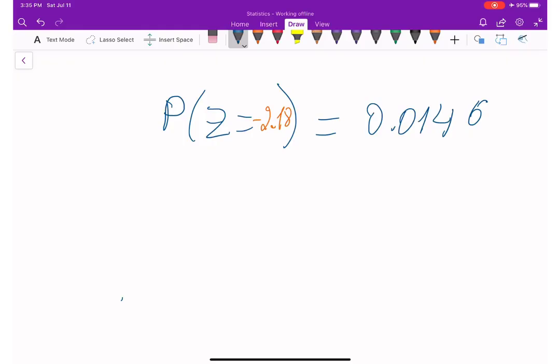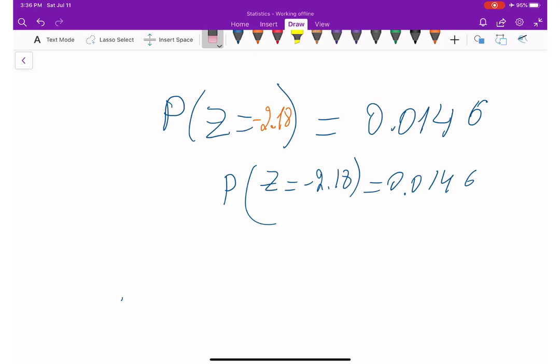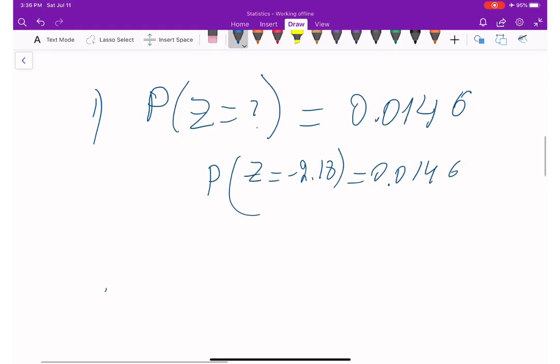So the answer is z-score of negative 2.18 is equal to 0.0146. And I'll clean this one, leave the original problem the way it was. Okay, next question.